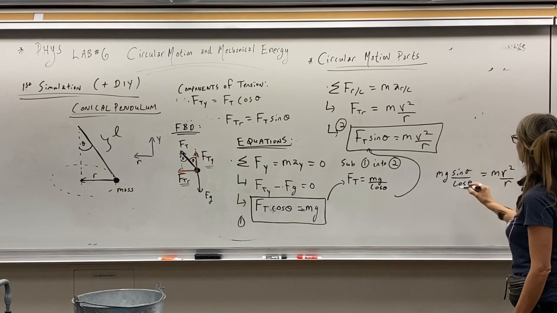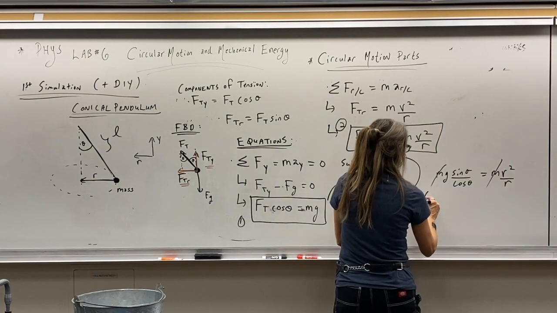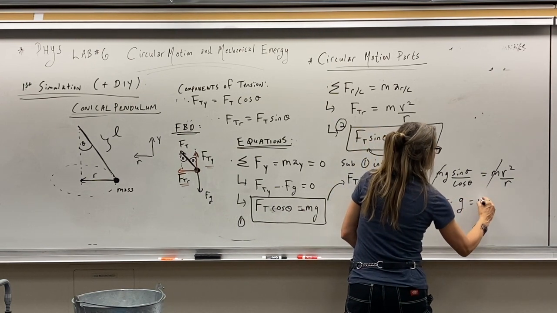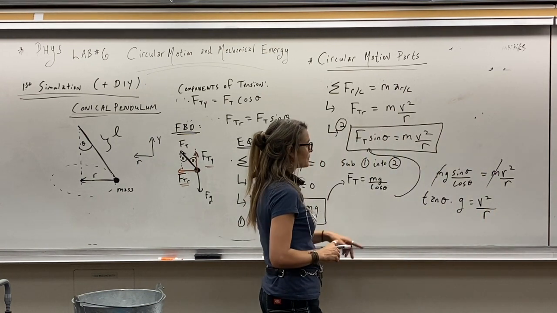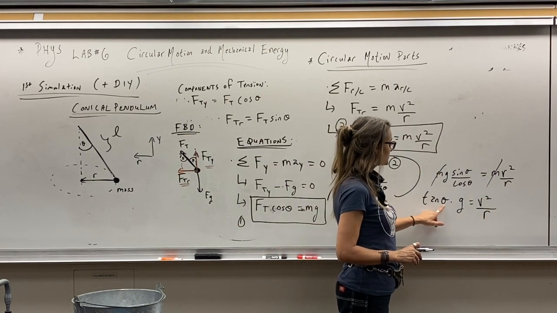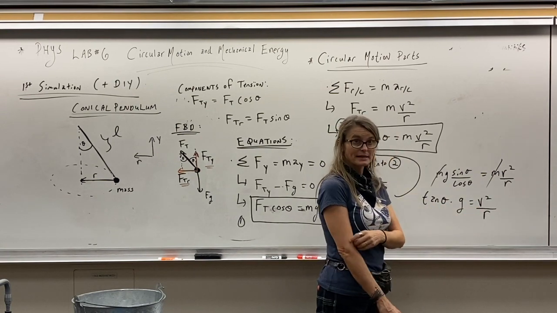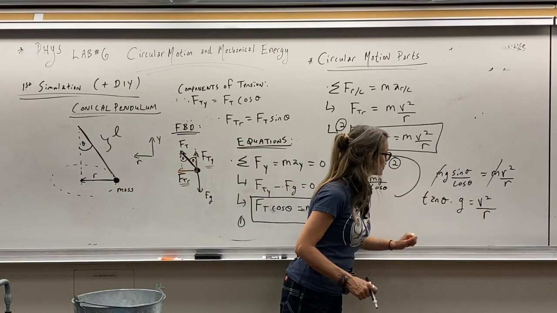And here you can see how nicely your masses cancel. And you get tan theta times g equals v squared over r. And that will allow you a lot more flexibility. So now you don't need the mass, and you have angle, velocity, and radius relations you can work with.